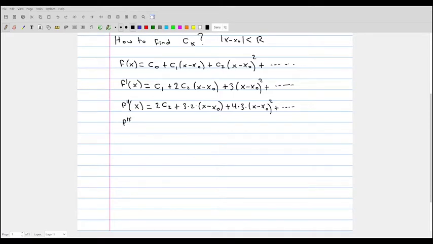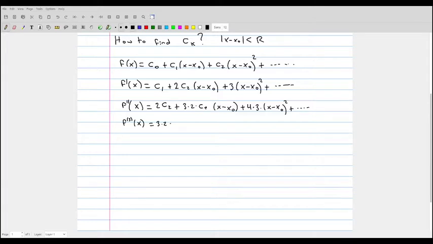So like the third derivative of both sides of this expression right here, we'll get 3 times 2 times, oops, I just realized that we need a C3 right here and a C4 right there, because I'm going a little bit too fast here.